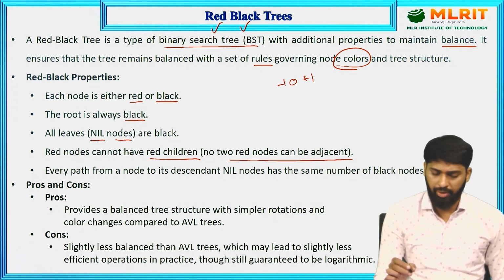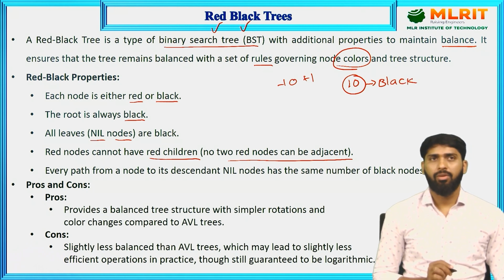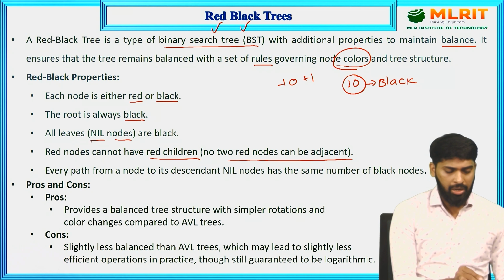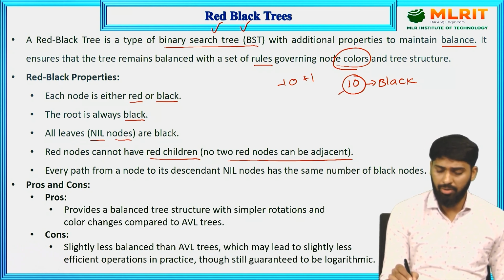So what is it? For example, this is the 10. So always the root node is black in color. Now all leaves, nil nodes, are black. Now 10 is the root, this has left child and right child as null. Now this we represent as black.